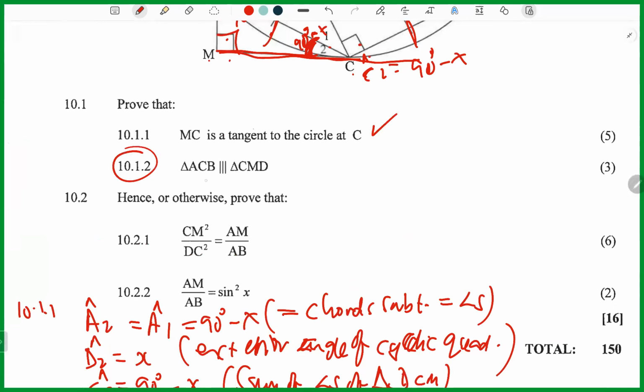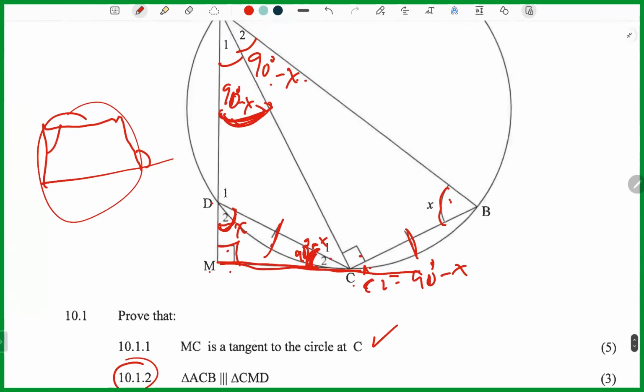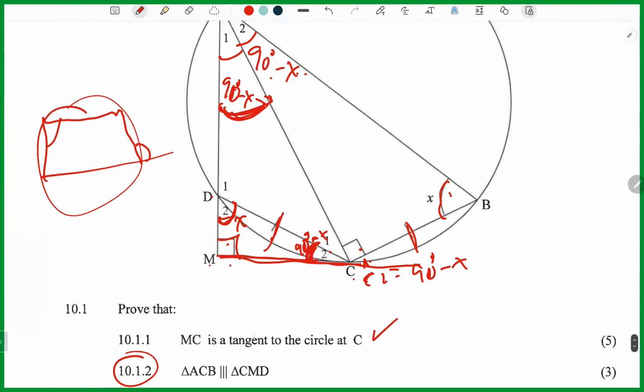We need to prove that triangle ACB is similar to triangle CMD. Right, so continue with that one. 10.1.2.